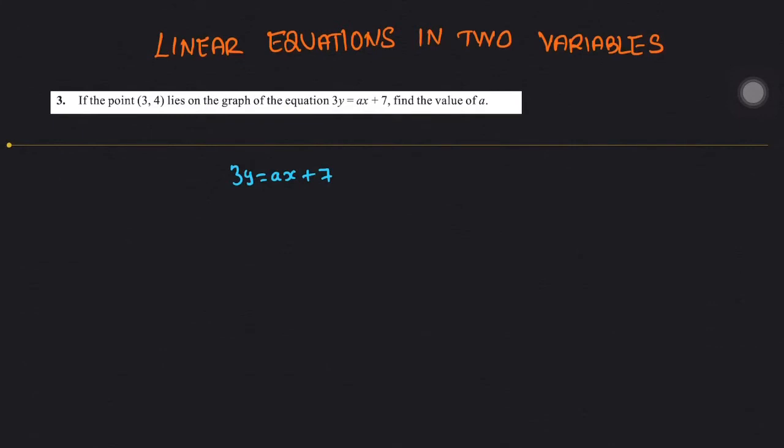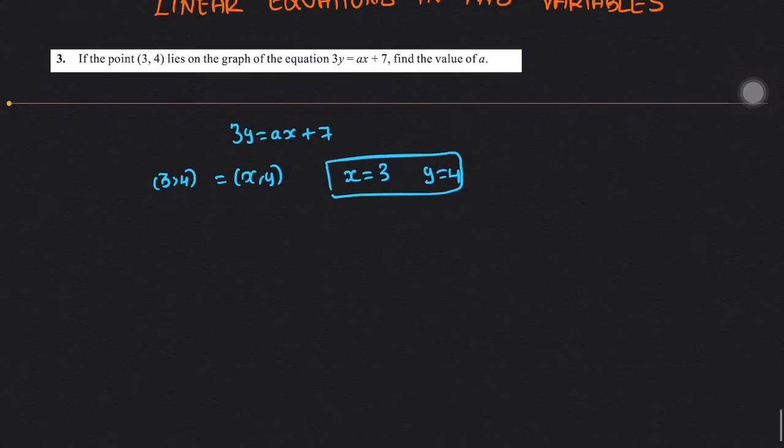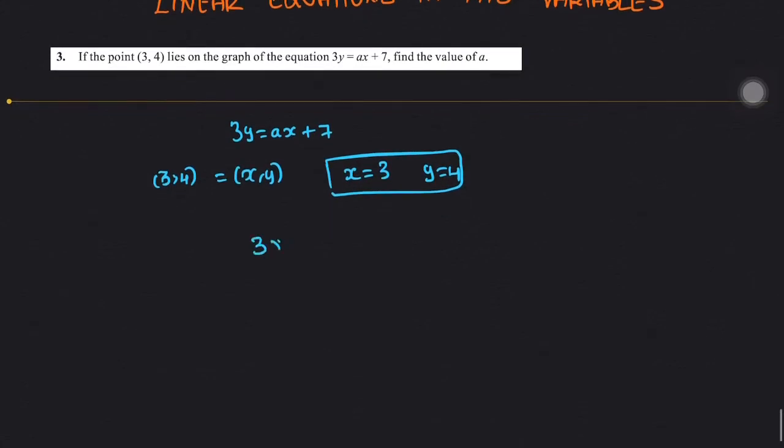So the point (3, 4) means (x, y). The value of x is equal to 3 and the value of y is equal to 4. Just substitute these values into the given equation. So 3 times y, that means 4, is equal to a times 3, that means 3a, plus 7.